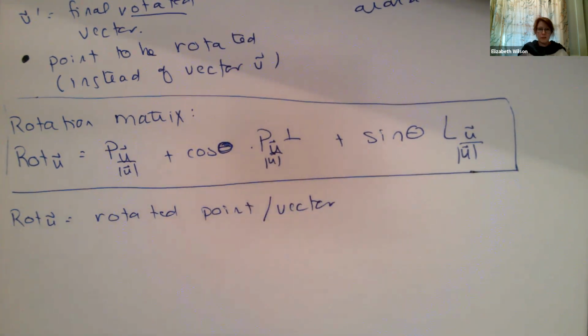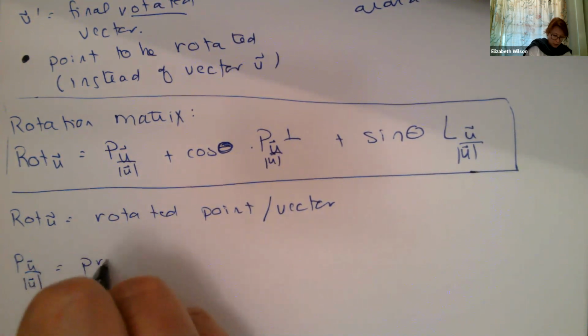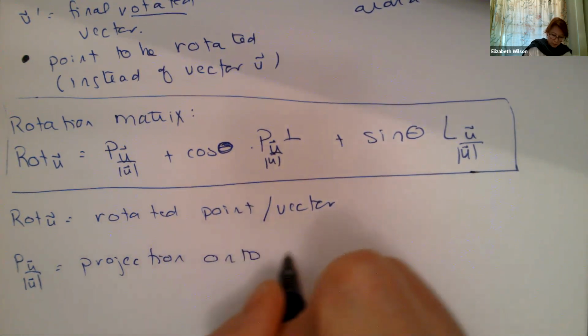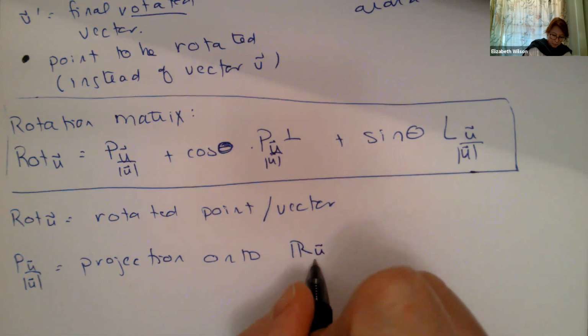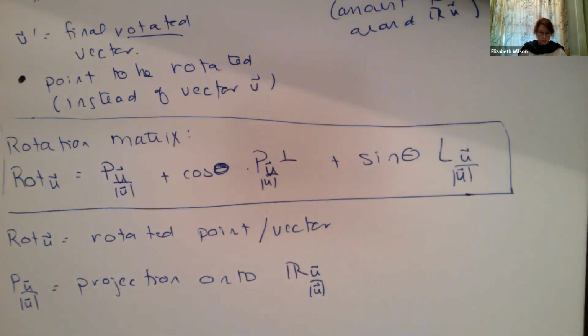Okay, so this is going to give us our final answer, which is a rotated point or a rotated vector. This is the projection onto. I keep writing it out like this, but often our books and notes will write it like this.